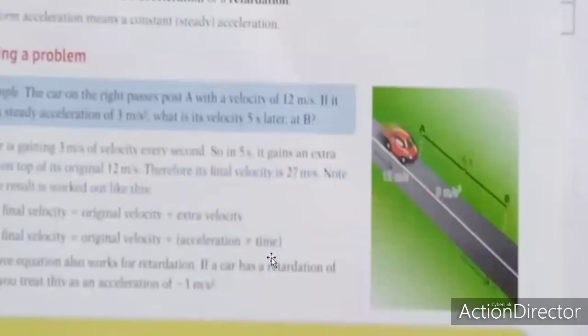Now, a uniform acceleration means a constant or steady acceleration. For example, if a car is increasing its velocity every second, a constant acceleration is produced. That is called uniform acceleration. Now we are moving towards our problem.